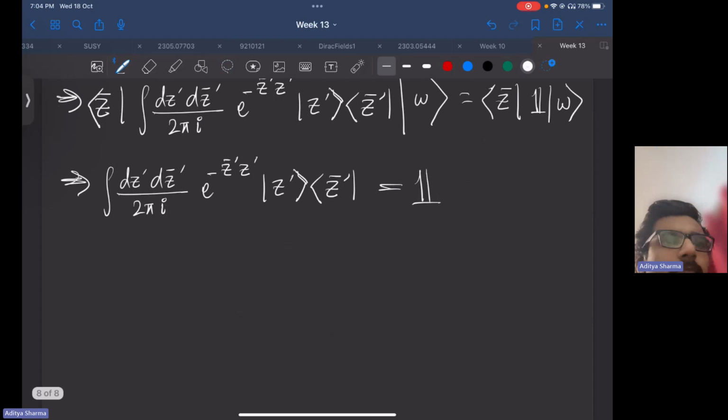This is the over completeness relationship of the coherent basis.